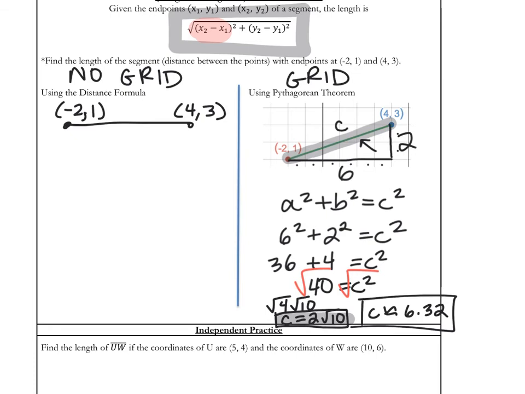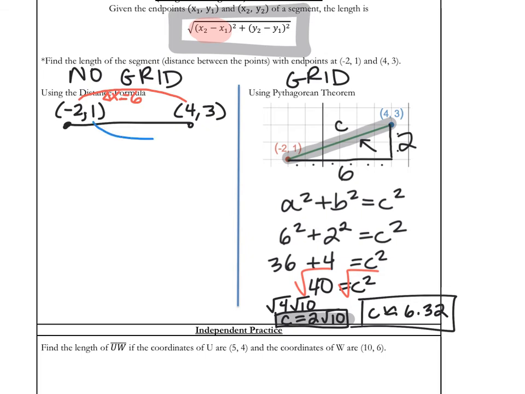So how are my x's changing? You can do the subtraction, it's just that I have most students do that wrong. So the distance between -2 and 4. On a number line, you count the spaces in between. There are 6 spaces in between. So this is my change in x, is 6.